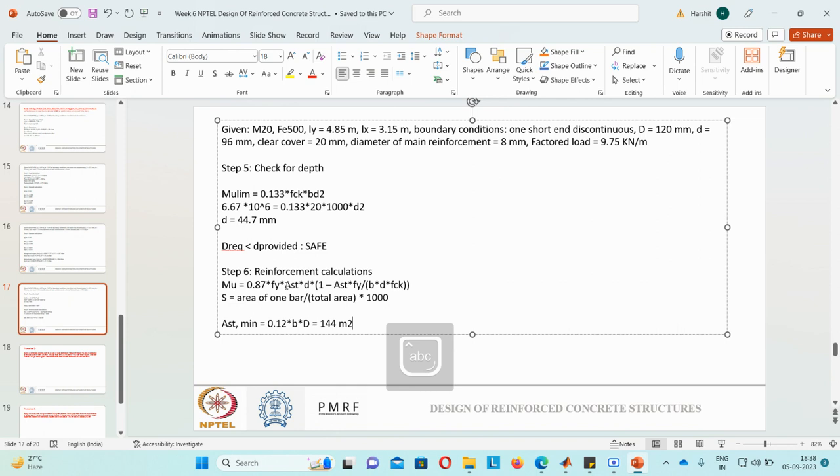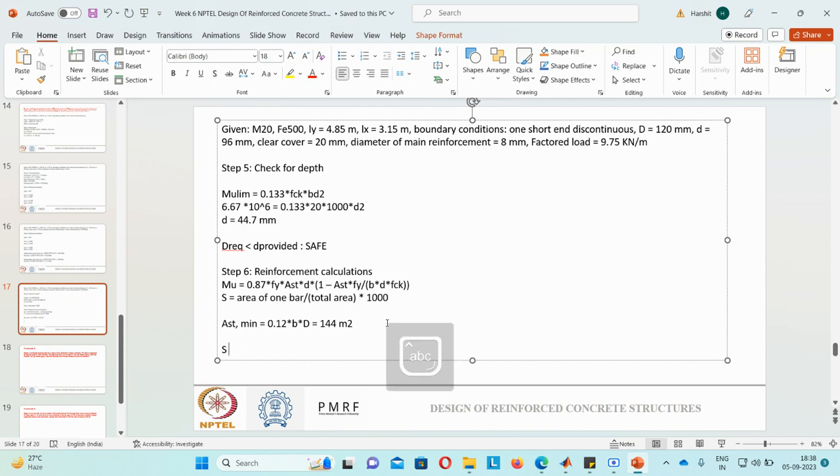So when you calculate area for all the four moments, that area should be at least this value. If the area is, say, 100 millimeter square, then you need to choose 144 millimeter square only and then calculate the spacing. And what is the criteria of spacing?